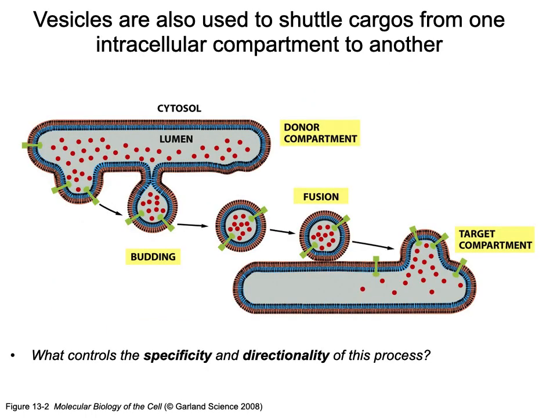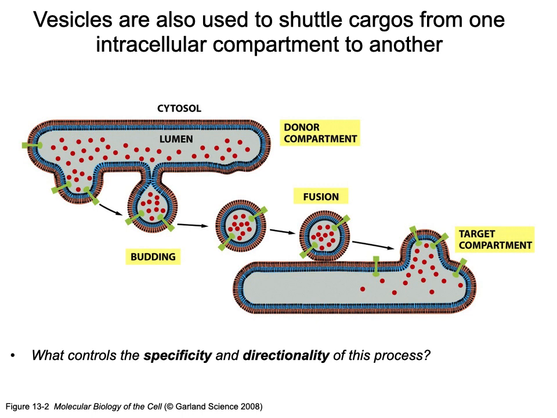Vesicles are used to shuttle cargo from one intercellular component to another. So vesicles are not always destined to go to the plasma membrane. This is where we can have movement from the ER to the Golgi, or from the Golgi to an endosome, or such. We are going to have this component that's going to donate part of its membrane and proteins and material that are contained in its lumen.